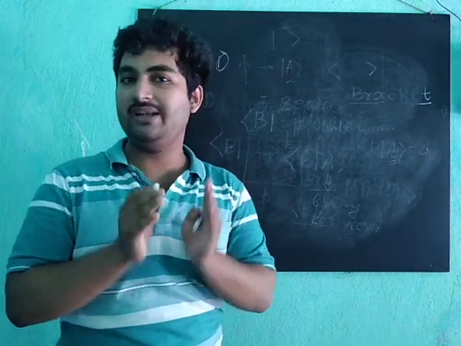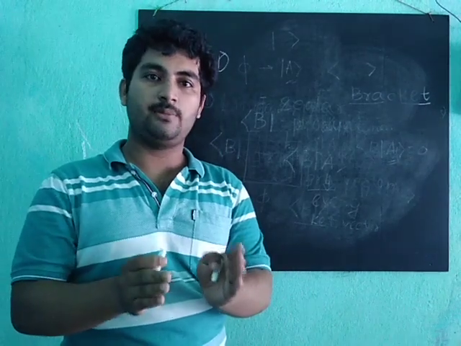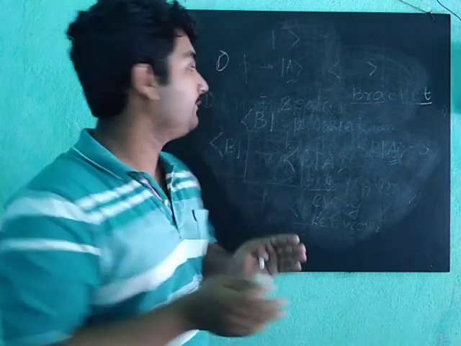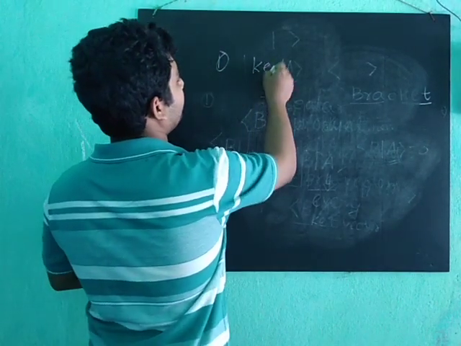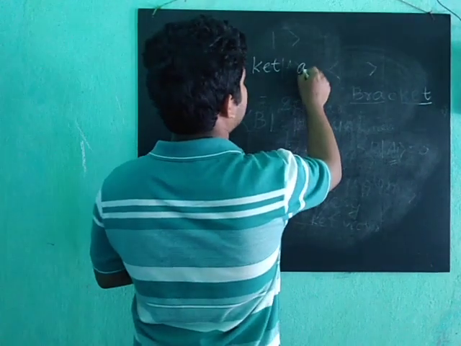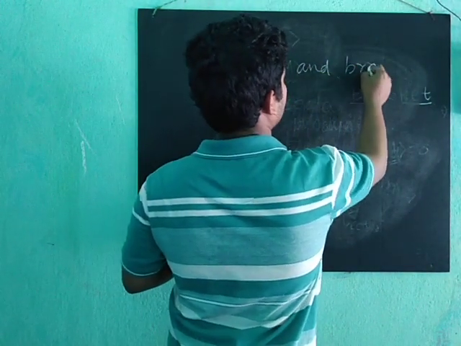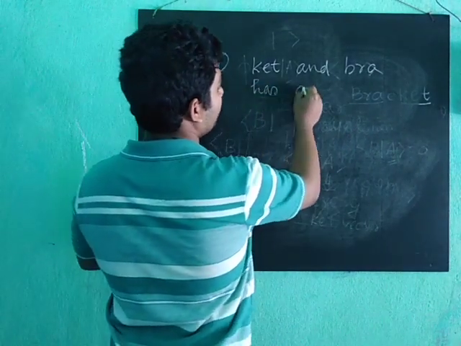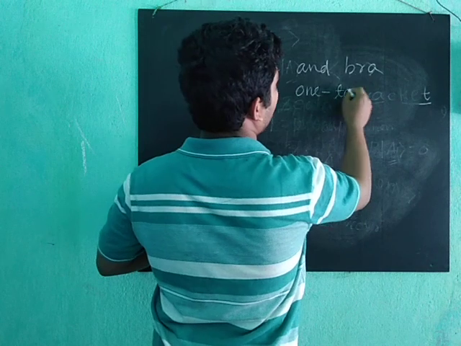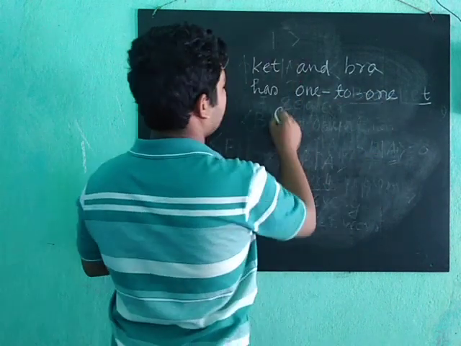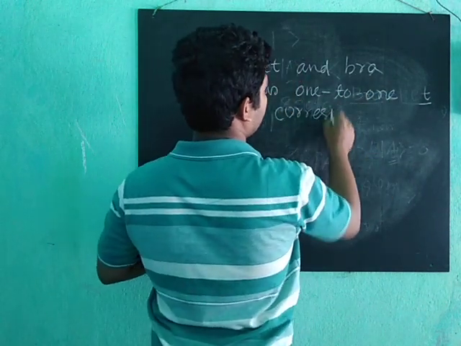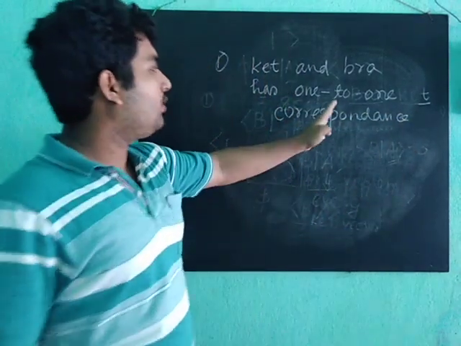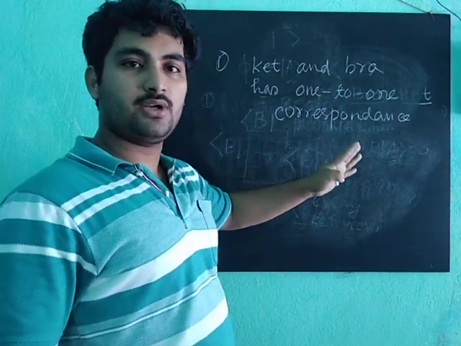If you have read about linear algebra or set theory, you have obviously known about one-to-one correspondence. What does this mean, one-to-one correspondence?